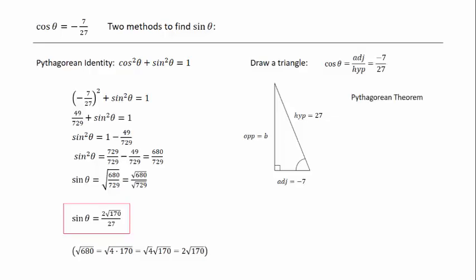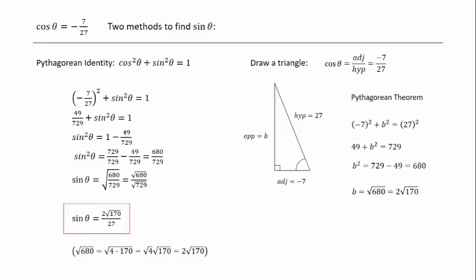All right, Pythagorean theorem. Plug those values in. Negative 7 squared plus b squared equals 27 squared. Square those values out. Subtract 49 from both sides. We get 680. So take the square root. We get b is root 680, which, as we saw before, simplifies to 2 radical 170.